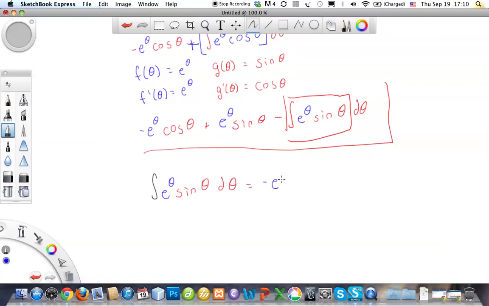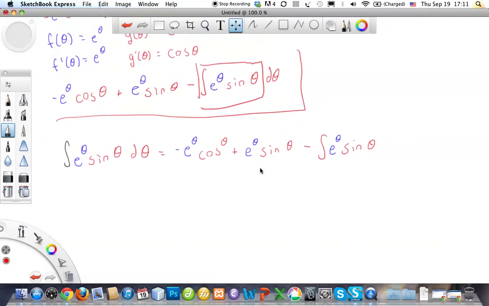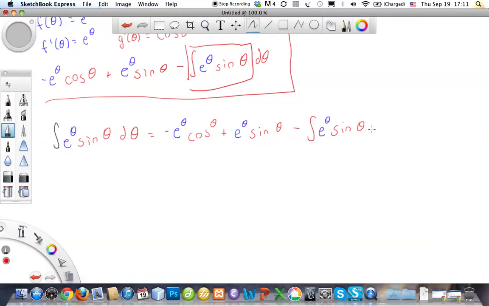We get negative e theta cosine theta plus e theta sine theta, minus the integral of e theta sine theta d theta.